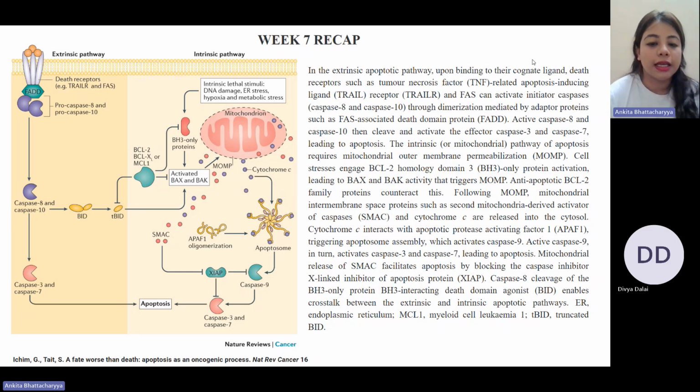The BID protein enables the crosstalk between these two pathways and therefore mediates the funneling, or the alignment, of both the intrinsic and extrinsic pathways, controlling whether or not a cell will enter apoptosis. So this is the point of merging of both of these pathways, and they are crucial for not just mediating apoptosis, but controlling cell survival and cell sustenance as well.